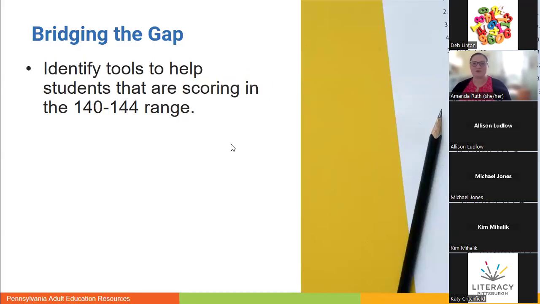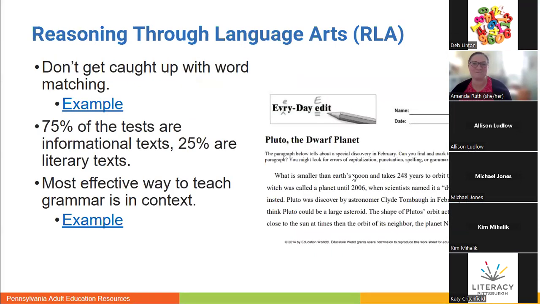So once again, we're working on that 140 to 144 range and identifying some of the tools that are available to help our students get over that hump and get their GED credential. We're going to start out today with Reasoning Through Language Arts, or the RLA test.